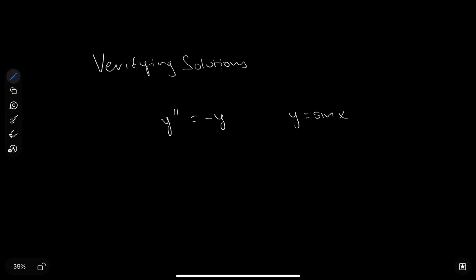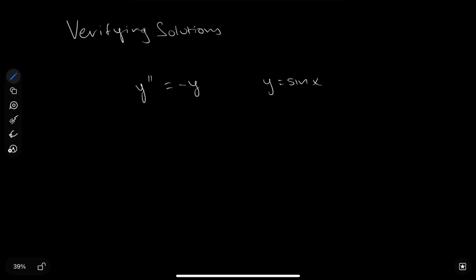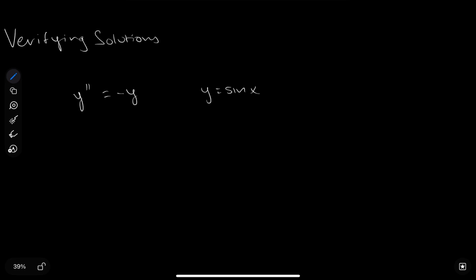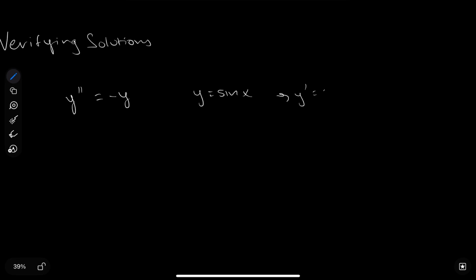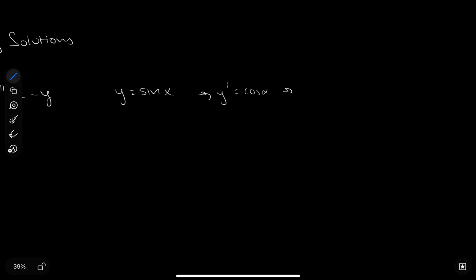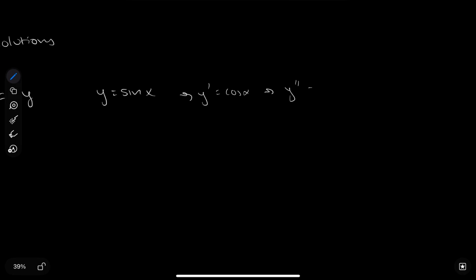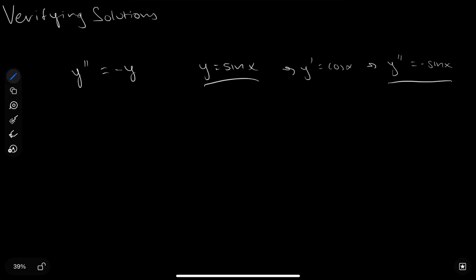What we want to do is take the second derivative of this function, which first derivative is cosine x, second derivative is negative sine x, and then we can plug these into the differential equation to get that negative sine x equals negative sine x. Since this is true, y equals sine x is a solution.